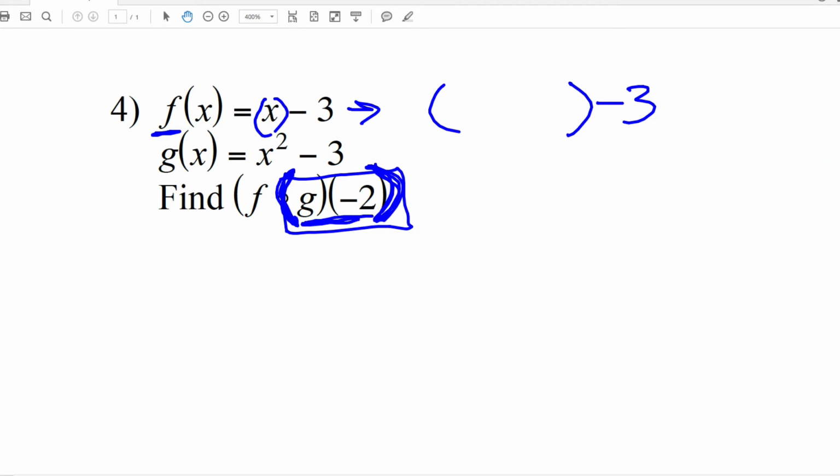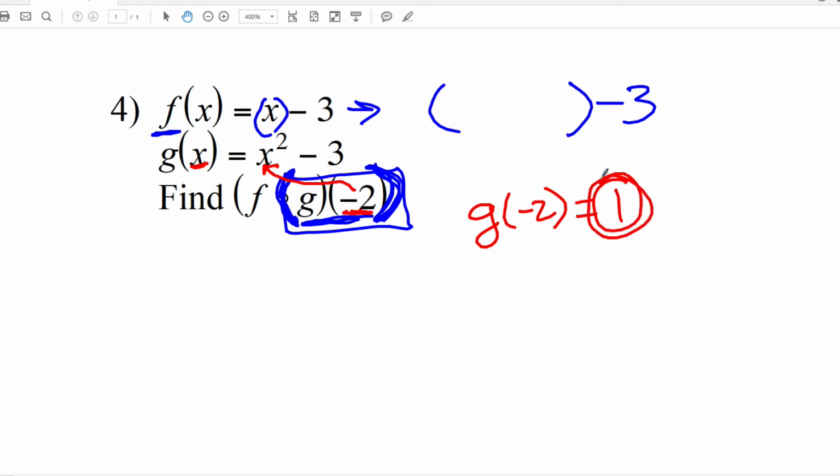So I'm going to plug negative 2 in for x in g, because the x tells me what I'm replacing. Negative 2 squared is 4. 4 minus 3 is 1. So g of negative 2 is 1.